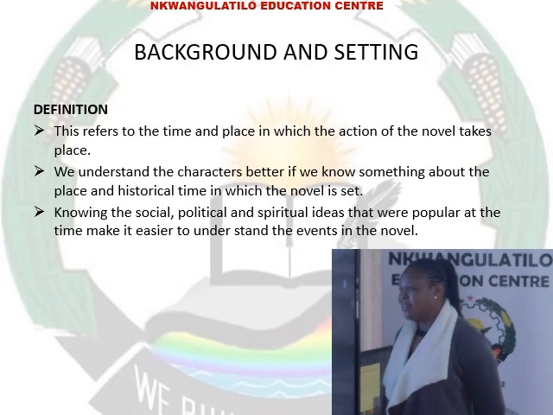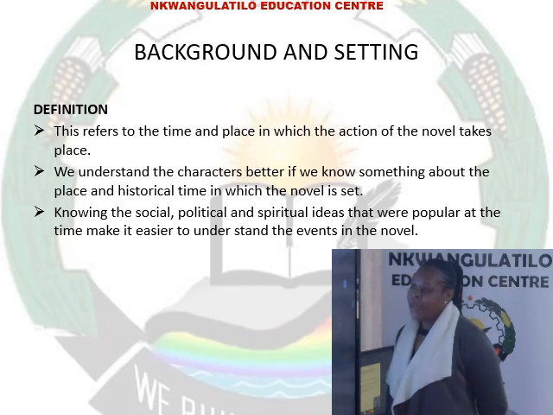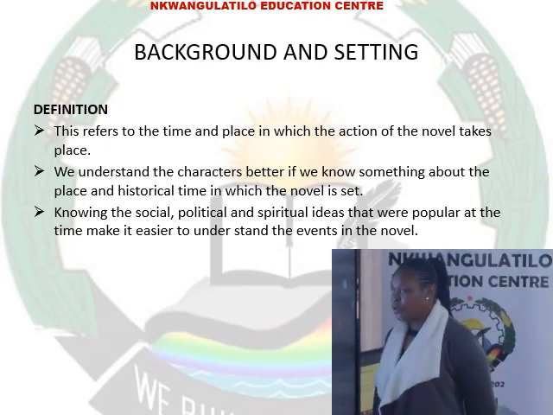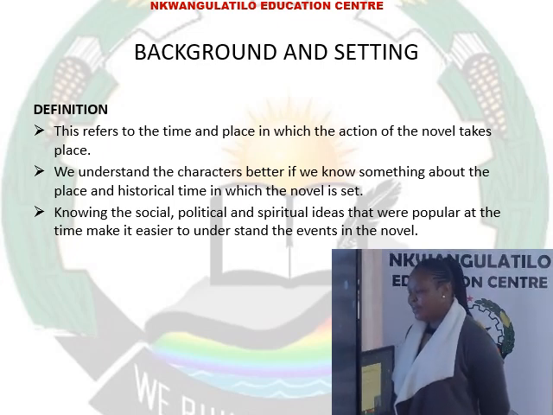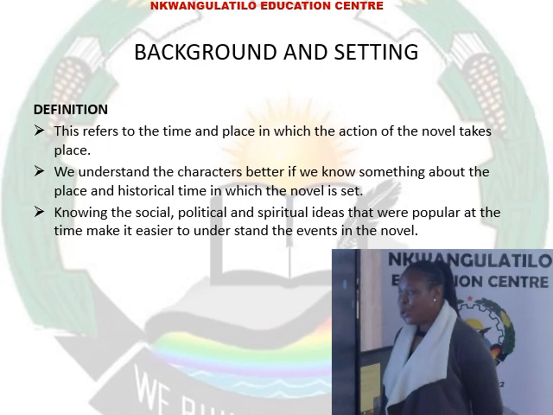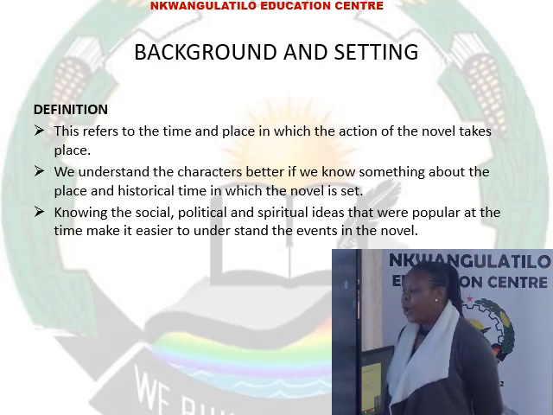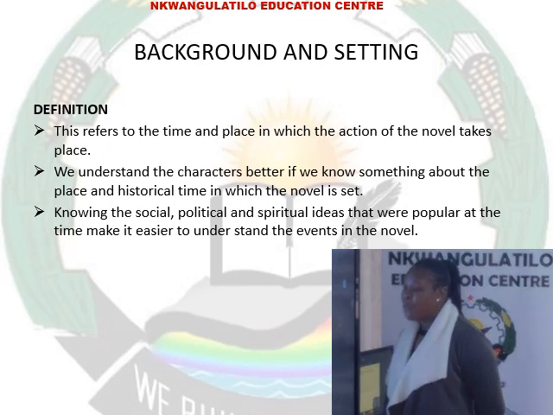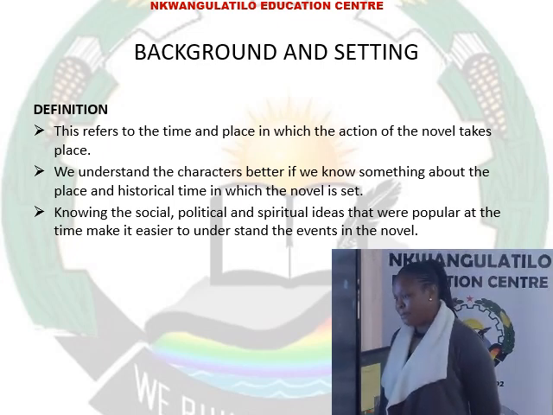Now let's look at the definition of the background setting. It refers to the time and place in which the action of the novel takes place. We understand the characters better if we know something about the place and historical time in which the novel is set. So it's very important for us to know what happened in the 19th century so that we understand the different events that take place.